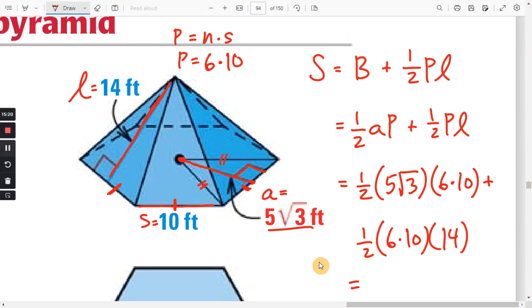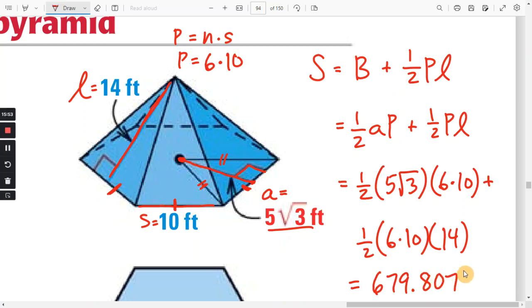So I'll do 0.5 times 5 times the square root of 3 times 6 times 10 plus 0.5 times 6 times 10 times 14. Hit equals, and I get 679.807.